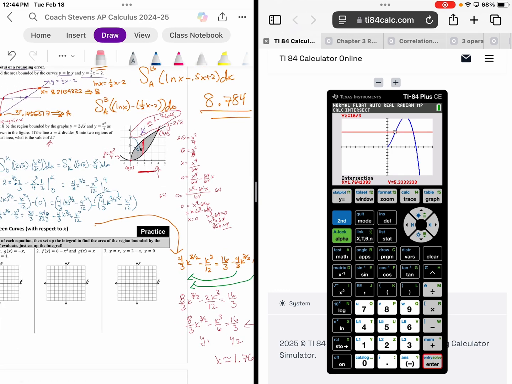Could you have just typed it in sooner? I guess you could.